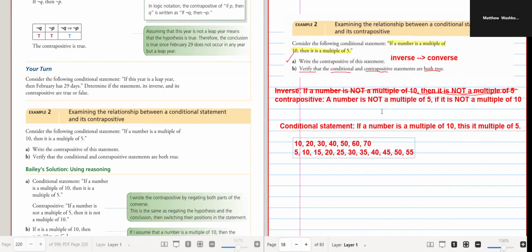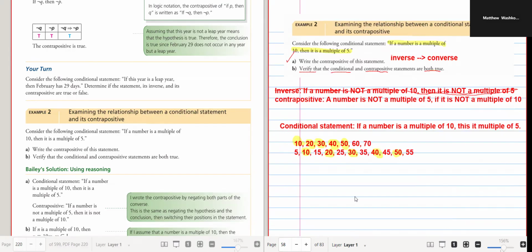So if a number is a multiple of 10, then it is a multiple of 5. Is 10 in the 5s? Yes. What about 20? Yes. What about 30? Yes. What about 40? Yes. What about 50? Yes. Okay, so far it's looking true.